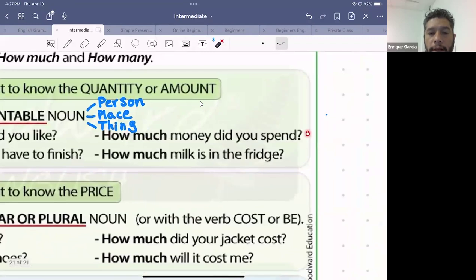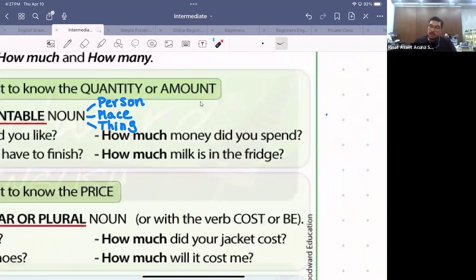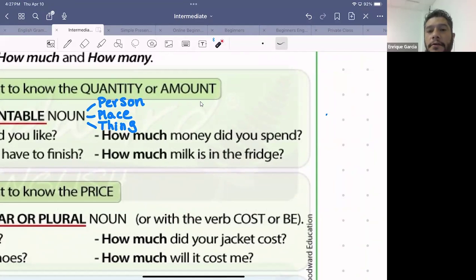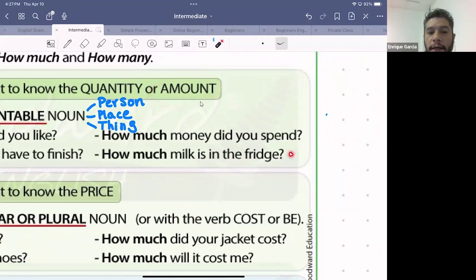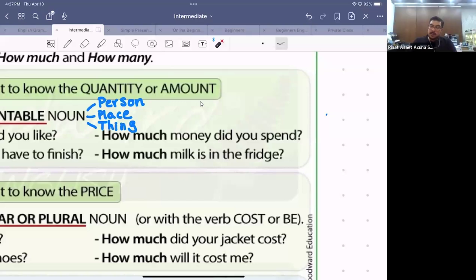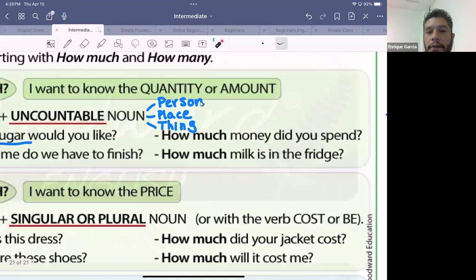This one? How much money did you spend? Talking about the amount of money. This one? How much milk is in the fridge? Very good. The same, talking about the quantity of milk inside the fridge. Do we understand?